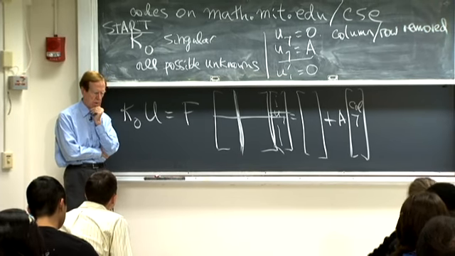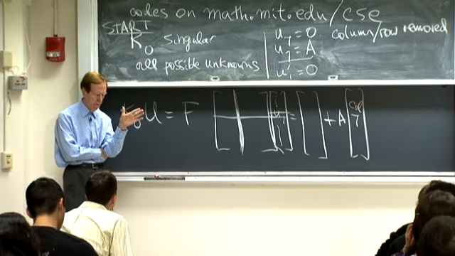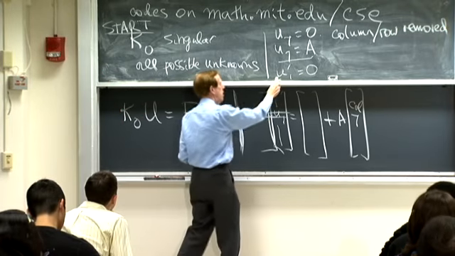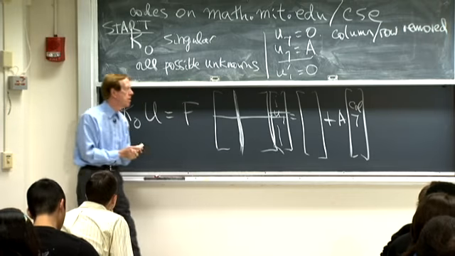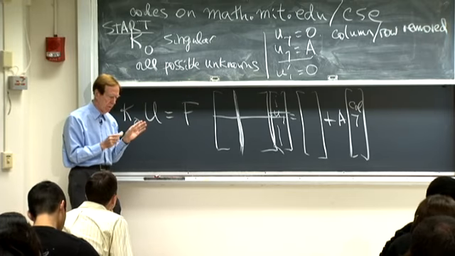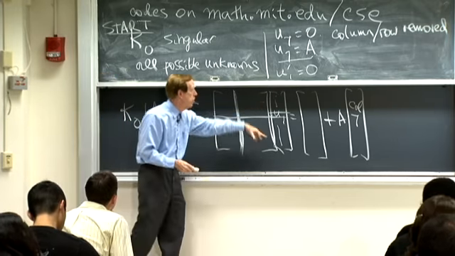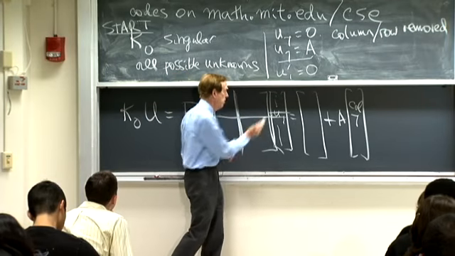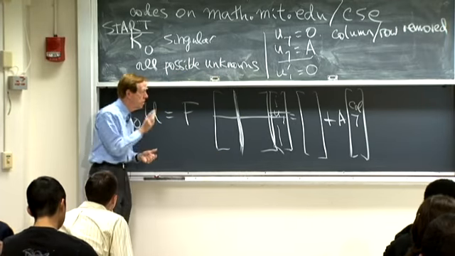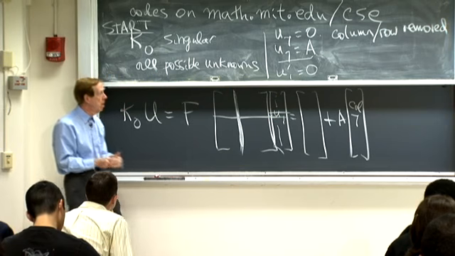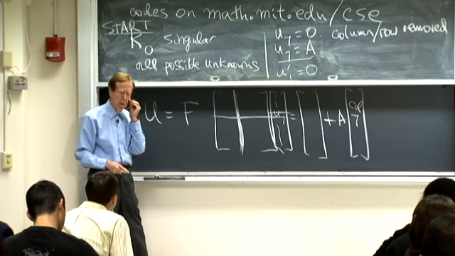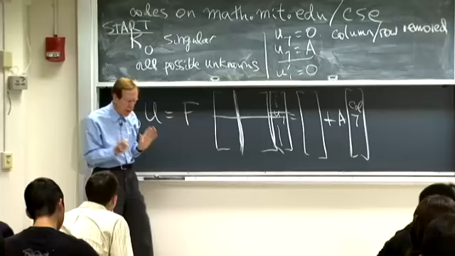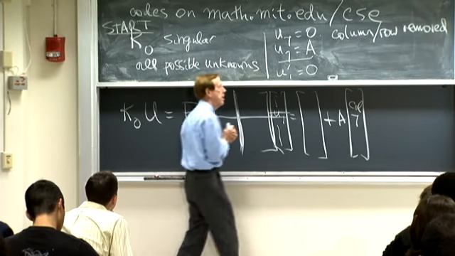So let's see. Well, U prime now. So U prime was not one of our U's. So this isn't just simply, okay, assign a value 0 or A to a U. U prime being 0, well, that came in as a natural boundary condition, right?